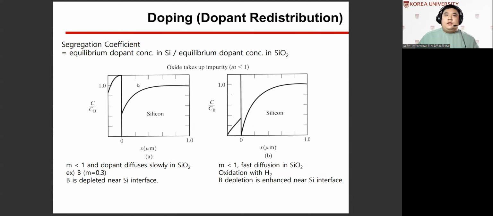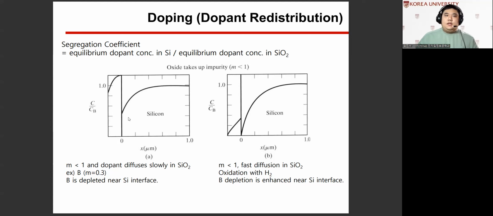In this graph we can see the influences of dopants. Some dopants tend to live in silicon rather than oxide, and some other dopants want to stay in the oxide rather than silicon.